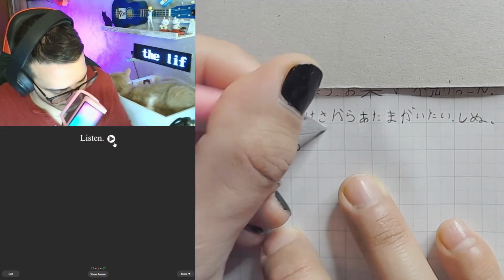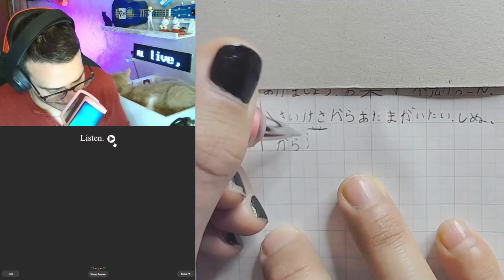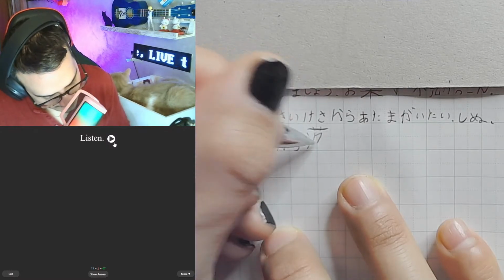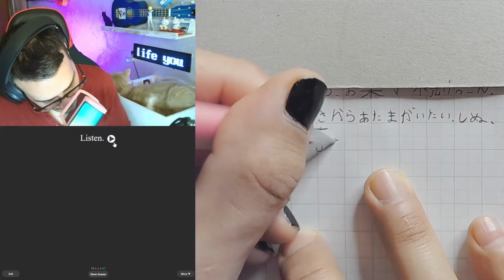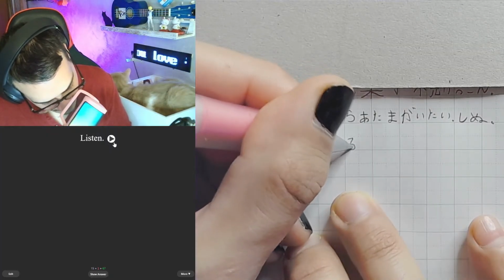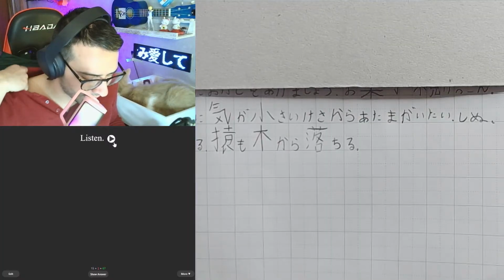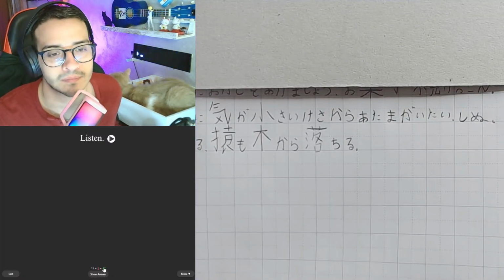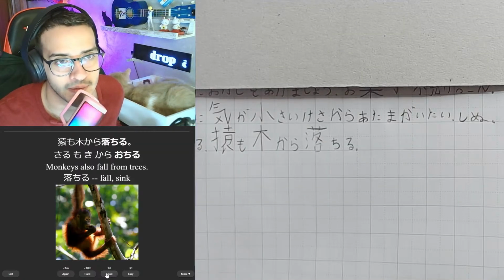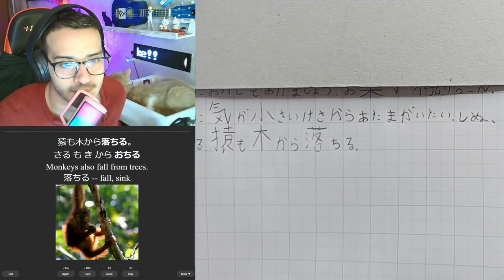Ochiru is flowers. Water, finish, and mouth. Saru mo ki kara ochiru. Show answer. Monkeys also fall from trees.